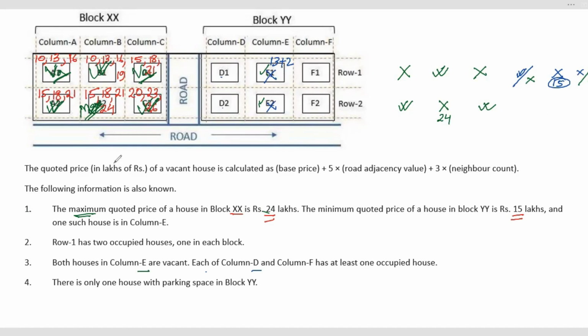This is already mentioned as not occupied, and column D and column F have at least one occupied house. If it is occupied, the other should not be. If it is not occupied, it should be occupied. These are the cases. So there are two cases.